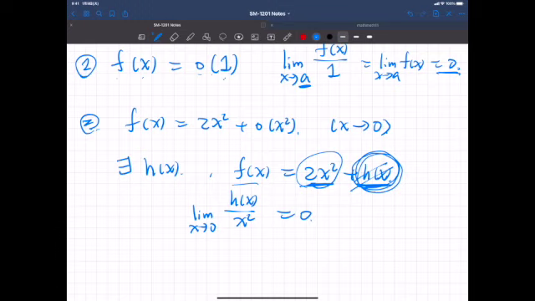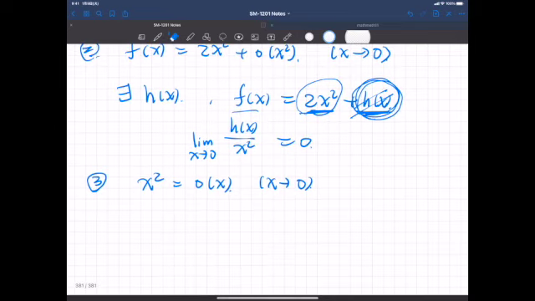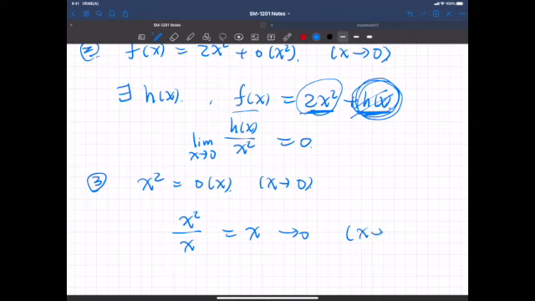Another simple example would be this: x squared is little o of x as x approaches 0. This is because x squared over x is x, which approaches 0 when x approaches 0, right? So therefore this holds.